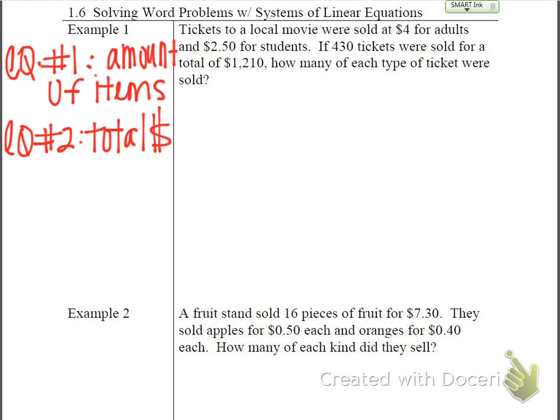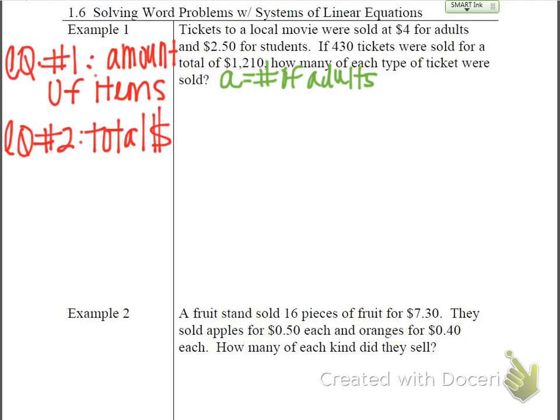What we have to do first is identify our variables. So our first variable is going to be the number of adult tickets. I usually call it A. So A is the number of adult tickets. You have to identify your variables, because if you just start using variables like X and Y, A and S, M and N, whatever, I don't necessarily know what that means.